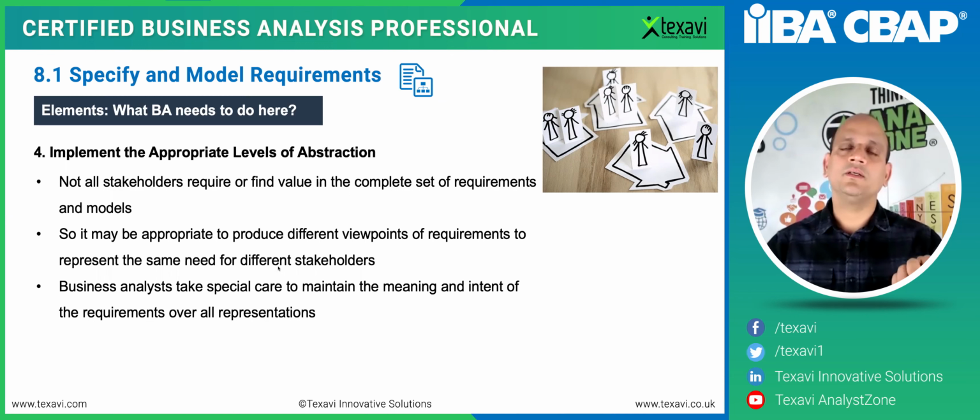What is the intent behind the requirements, in terms of coming up with models, or coming up with different traceability aspects, or looking at the different perspectives within the requirements, or coming up with wireframes. It doesn't matter.